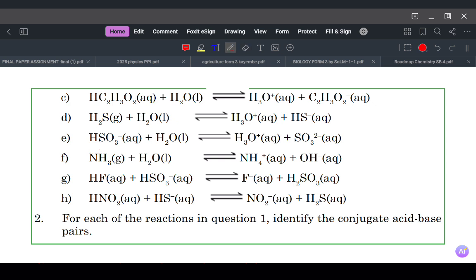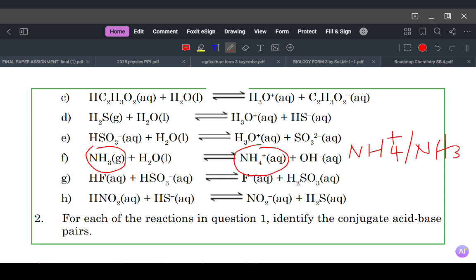All right, let's consider F. For F, we have NH3, which is ammonia, and then we have ammonium. Ammonium has the most hydrogen atoms, so we shall have NH4+ stroke NH3.